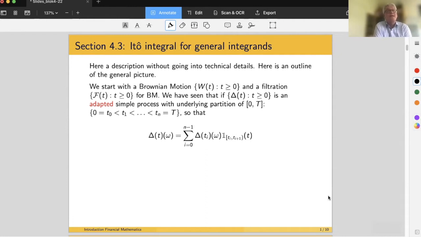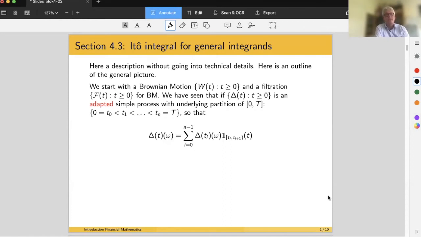When we write "for the Brownian motion", this means that this is not just a filtration, but also that W_t is F_t measurable. It means that the process W_t is F_t adapted, and if s is less than t, then W_t minus W_s is independent of F_s. So we are in a world where there's a lot of information known already.